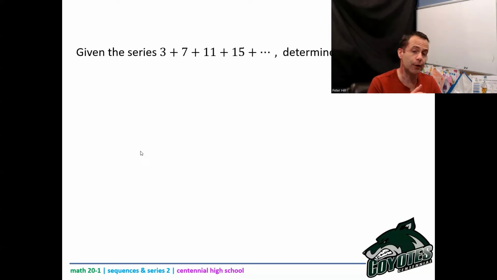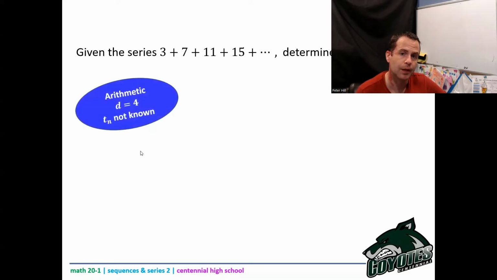So this is an arithmetic series where the common difference is 4. Next thing you want to ask yourself is, do I know the last term? And the answer is no, I don't know off the top of my head what T of 50 is. I could solve for T of 50, that's okay to do, but the formula allows me to not have to make that separate step. So it's arithmetic, d is 4, and T of n is not known.